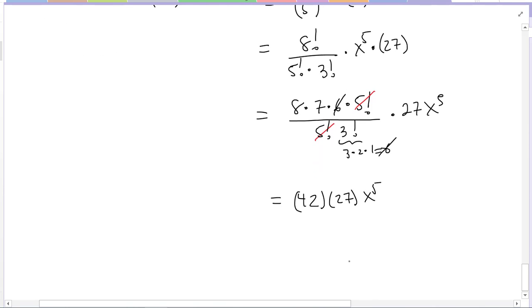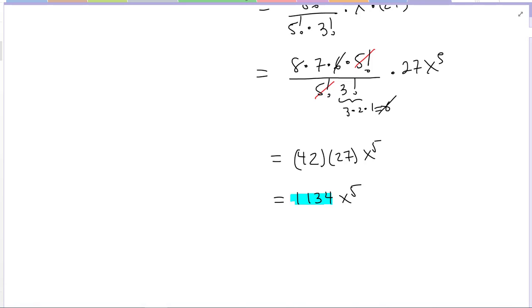So the coefficient is that 56 times 27, which is 1,512. X to the fifth. So the answer would be 1512. And the reason that it's not just 8 choose 5 is because our b was 3. So we end up getting that coefficient with the powers of 3 mixed in there.